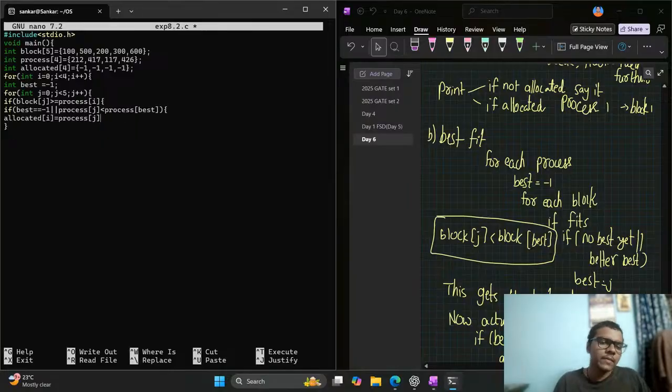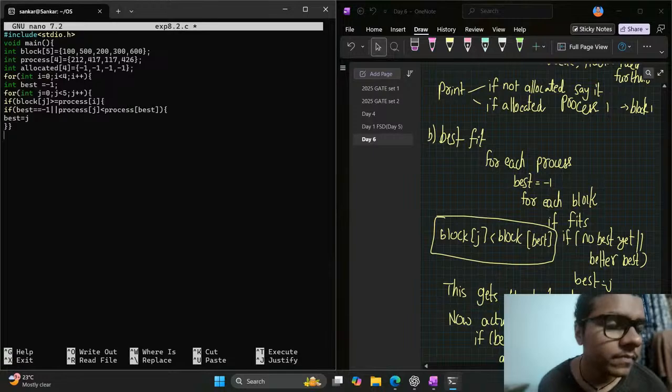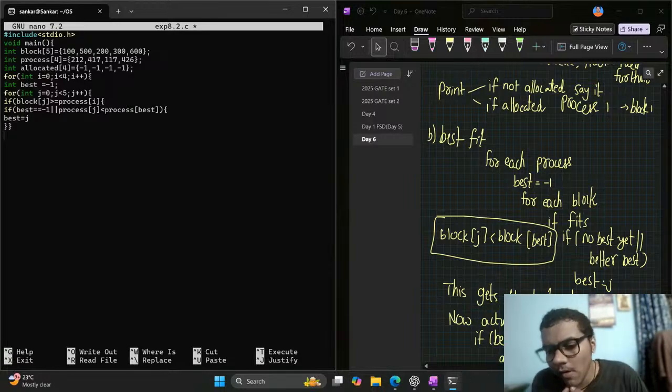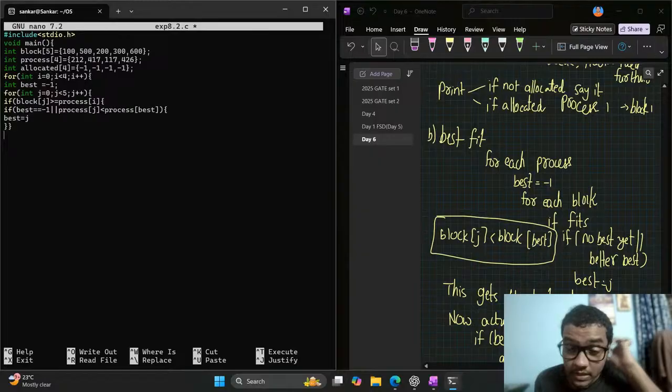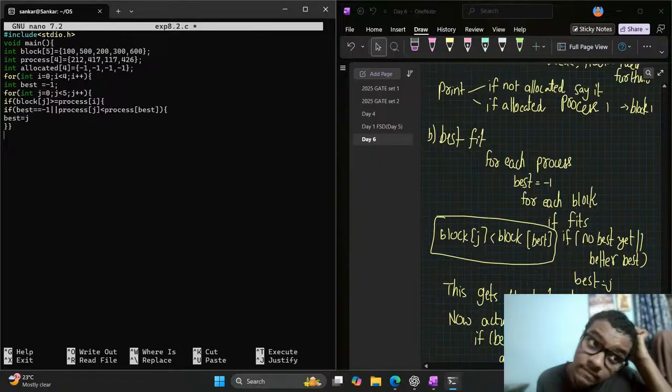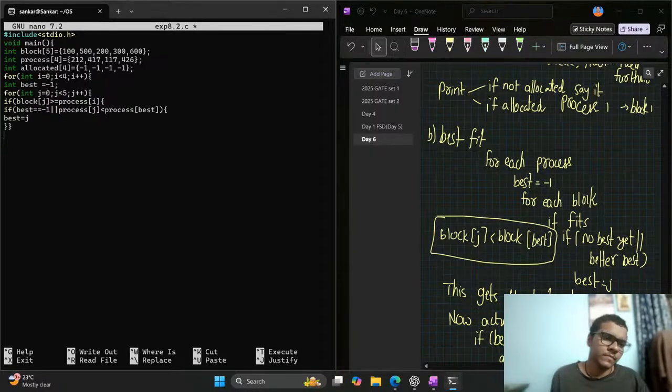You will just find the best. After finding the best, now actually allocate it. You need to allocate 4 times here. So you are in the outer loop now. No, that is the best, 2 best clauses. Yeah.